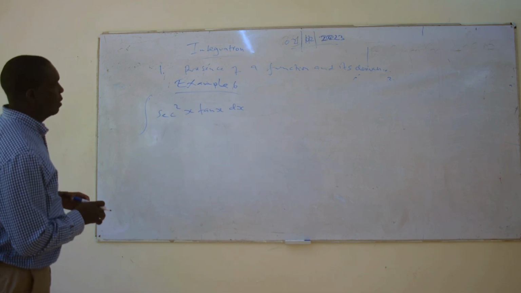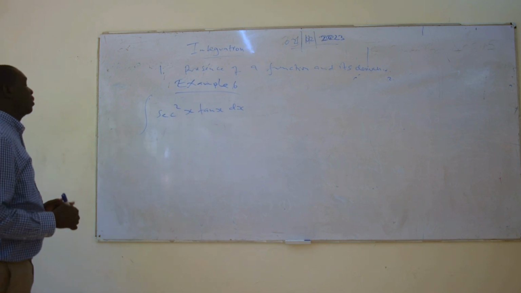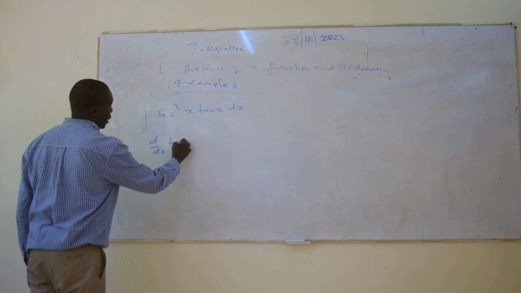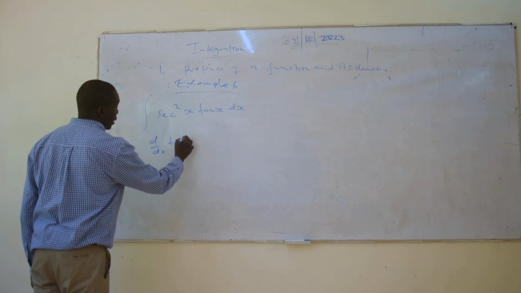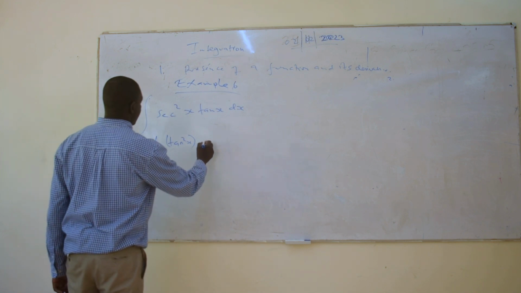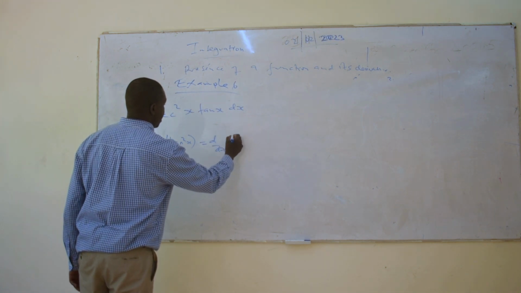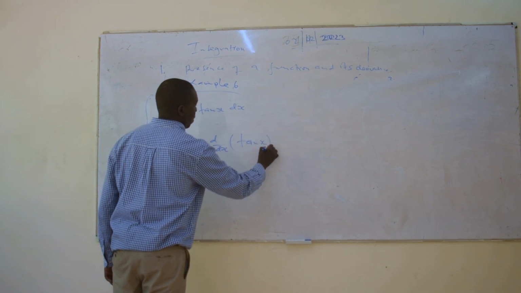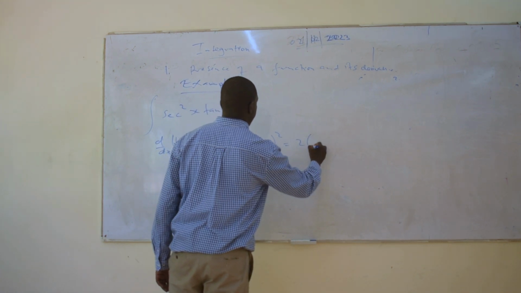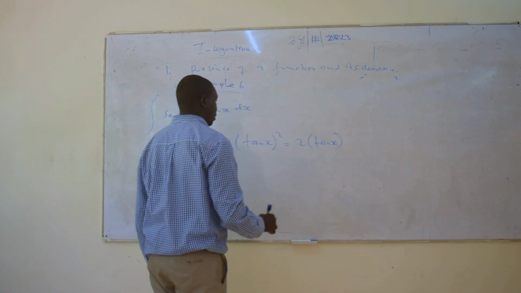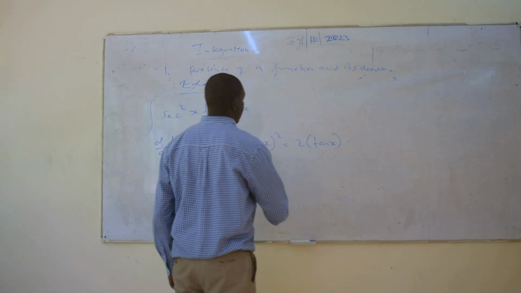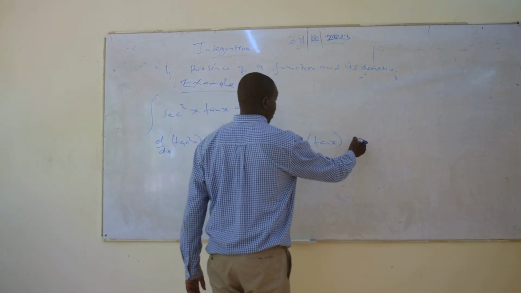Again, there's a presence of a function and its derivative, because if you differentiate tan squared x, that is d/dx of tan squared x, which is same as 2 tan x times the derivative of tan x.